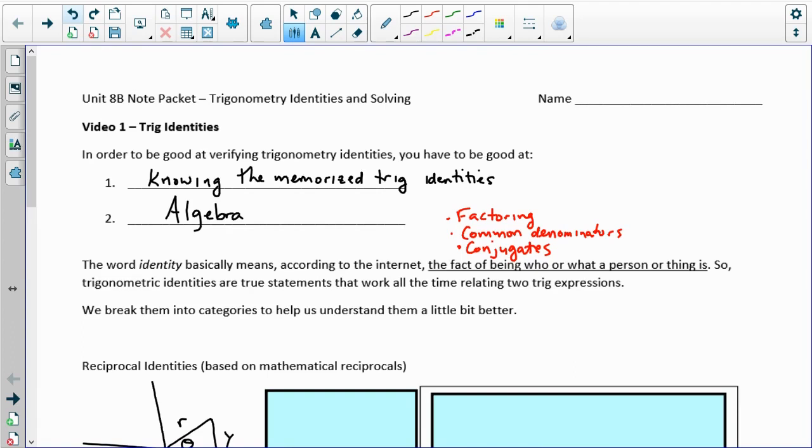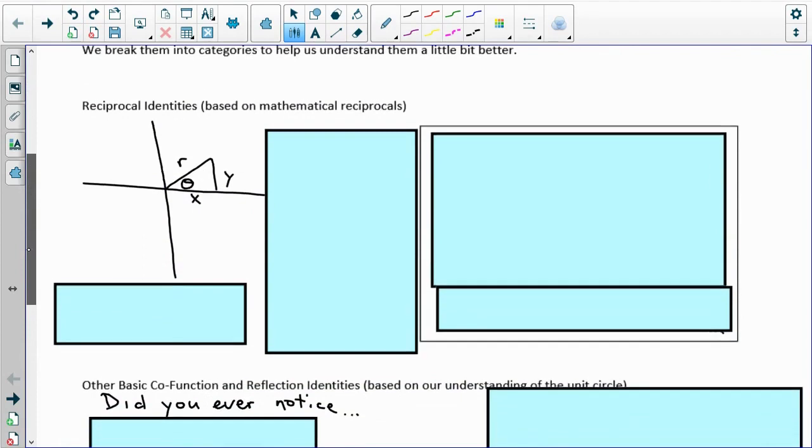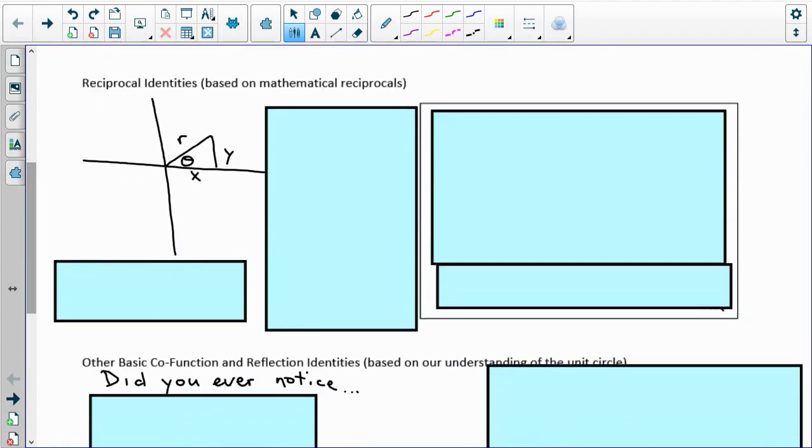So the things that I'm about to say are things that we're going to want to memorize. We break these things into categories to help us understand them a bit better. And so the first category we're going to talk about is reciprocal identities, and the reciprocal identities are things we actually already know.